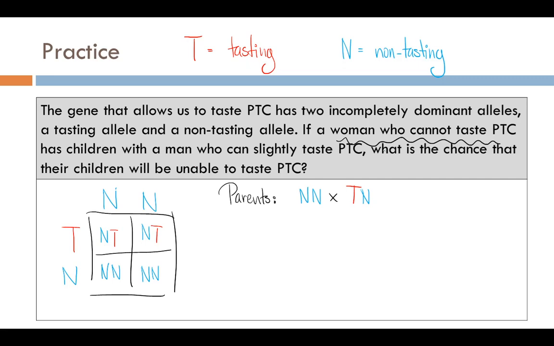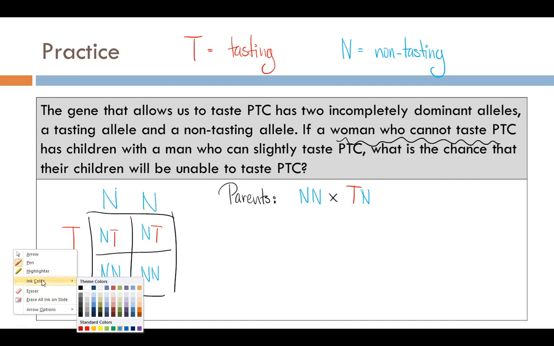Now the question asks us, again, make sure you're answering the question. If you just write 50% slight tasting, you're not correct. That's not what the question's asking you. What is the chance that their children will be unable to taste PTC? If we look at the alleles of these two offspring, they inherit one tasting allele and one non-tasting allele from their parents. Therefore, they can slightly taste. These are slight tasters. And then these two offspring inherit a non and a non, so they cannot taste.